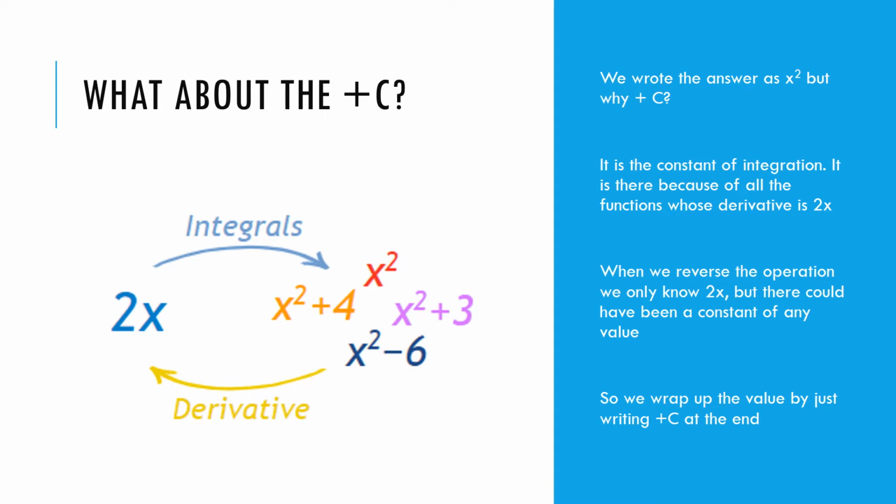Remember, we remove whole numbers when we differentiate terms. The derivative of x squared plus 3 is also 2x. The derivative of x squared minus 6 is also 2x. When we integrate, we've got no way of knowing what those numbers are. There could have been a constant of any value there. So what we do is we wrap that up by writing simply plus c at the end.